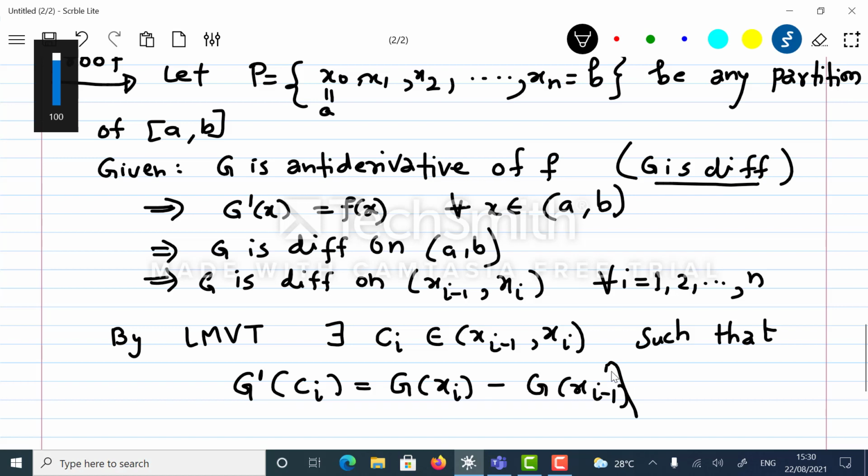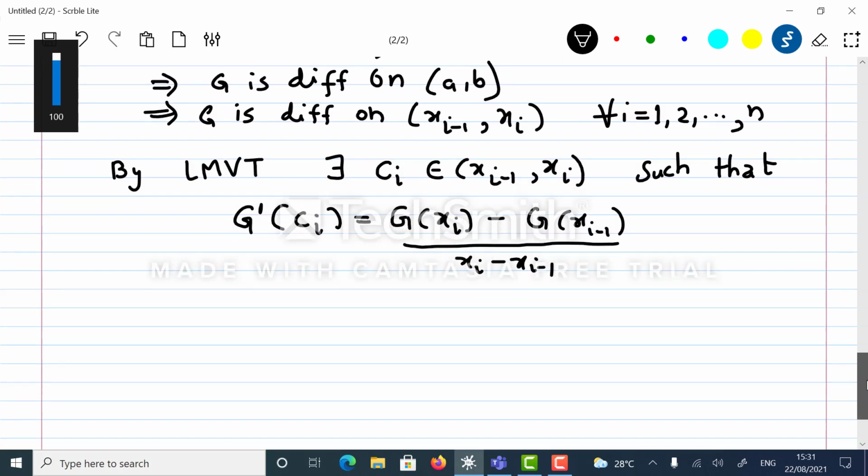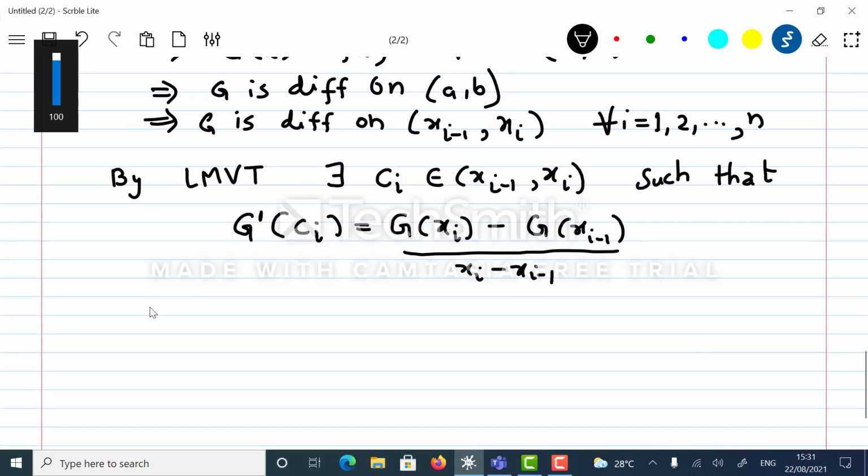You need to recall your first year BSc Lagrange's mean value theorem now, because we said there that (f(b) minus f(a)) upon (b minus a) is equal to f'(c), something like that. So we are applying it now on g, so g'(c_i) is equal to (g(x_i) minus g(x_{i-1})) upon (x_i minus x_{i-1}). So what does this imply? I can multiply x_i minus x_{i-1} to this side. So let me simplify this.